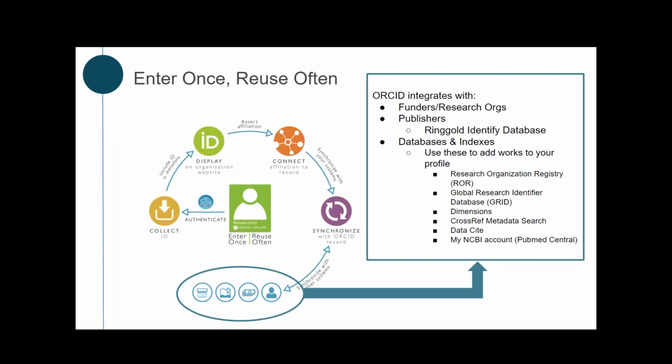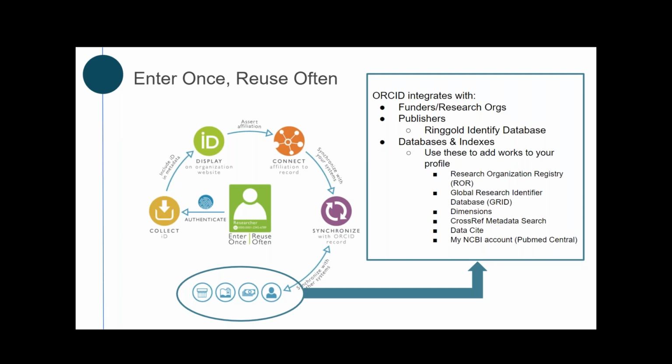So that brings in that interoperability, and integrations is another term that I may throw out that sort of references that compatibility. ORCID integrates with, I think it's 12,000 different integrations across multiple organizations, institutions, publishers, funders, other services.